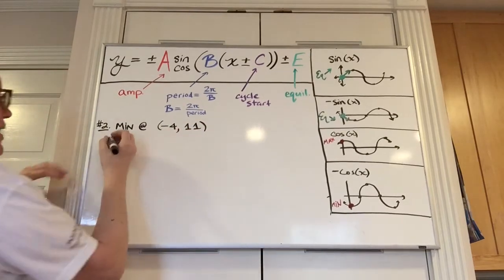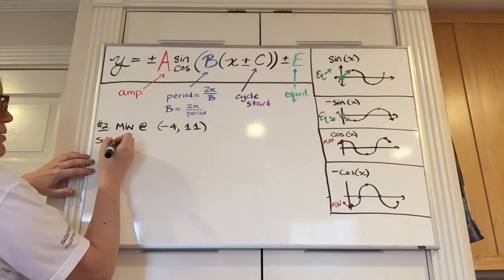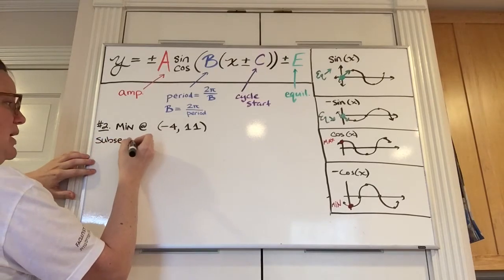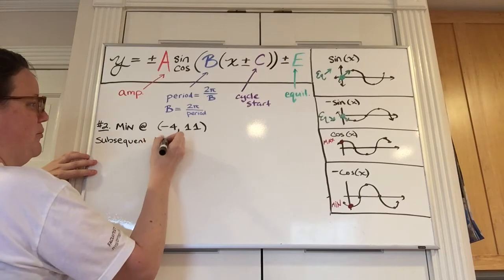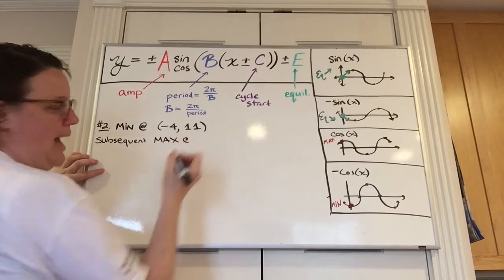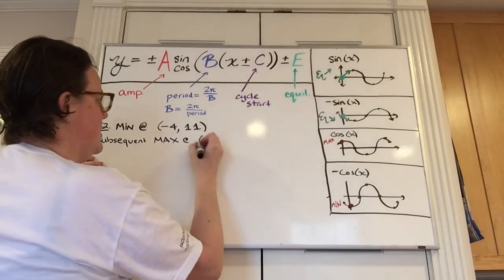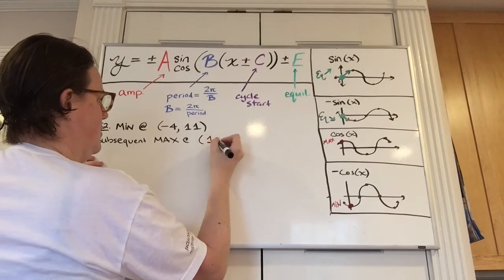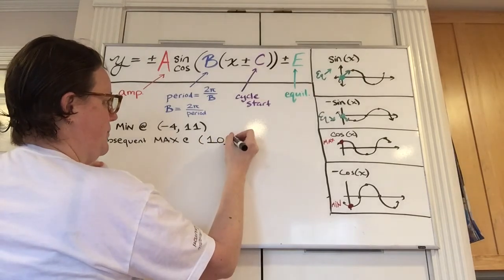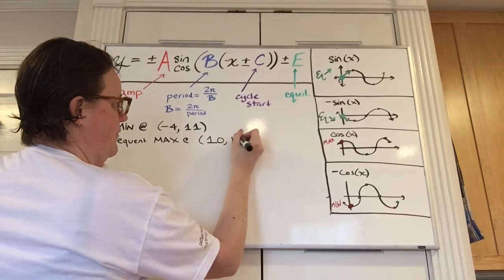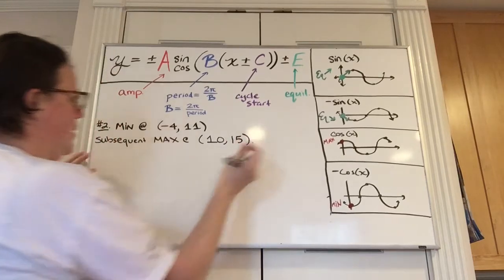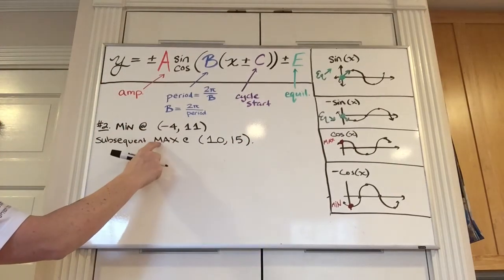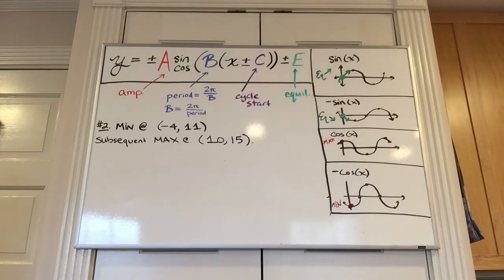And I'm going to say that the subsequent, the very next point of maximum is at the point 10, 15. So that's our point of minimum. That's the subsequent, the very next point of maximum.